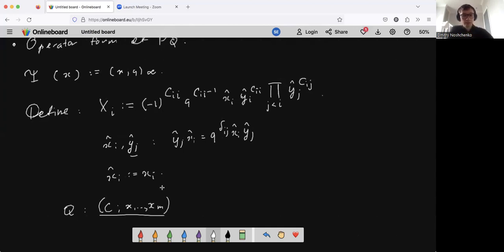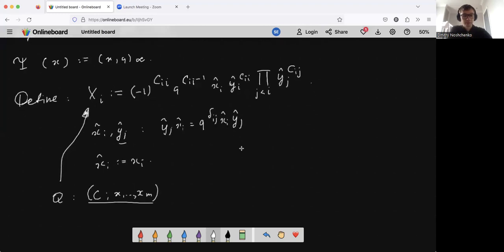Now, in order to construct this operator xi, one has to choose the ordering of the nodes of the quiver. Given that ordering, you have to make these labels. Then one can construct such a family of operators.